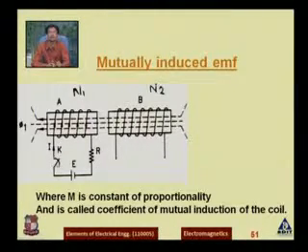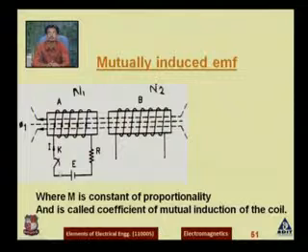If I put this switch K on, the current will flow through the coil as per the value of resistance, of course. If the resistance value is less, the current flowing will be larger, and if the resistance is larger, the current will be less.